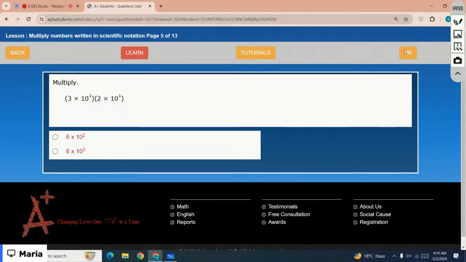The correct option is 6 times 10 exponent 2.